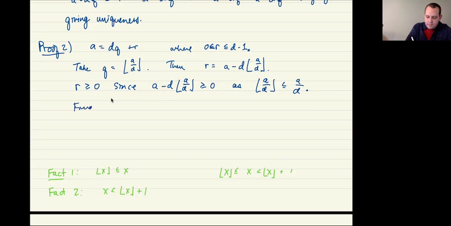Finally, we know that R, so A minus D times the floor of A over D, is less than or equal to D minus 1, which is the same as saying less than D, because these are integers.